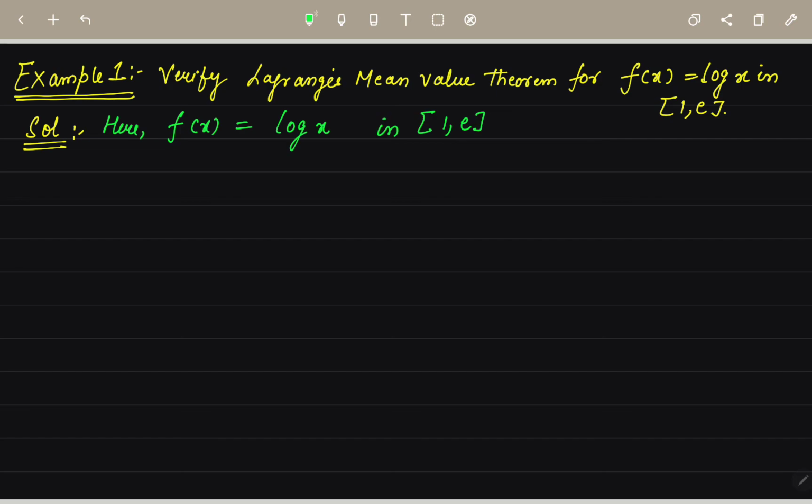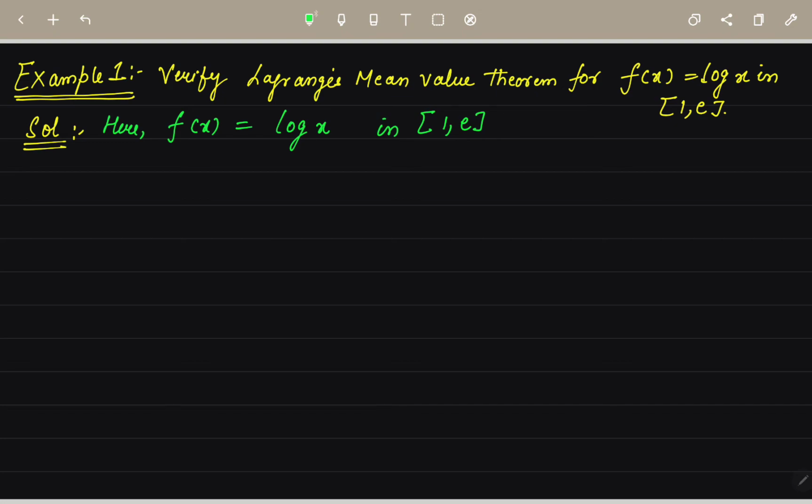Now first of all, I have to show that this function is continuous in the closed interval 1 and e. Also, the second thing is that I have to find the derivative of this function, that is, whether this function is differentiable or not. So I will write, since we know that log x is a continuous function, because exponential functions, sine functions, log functions, all these are continuous functions.